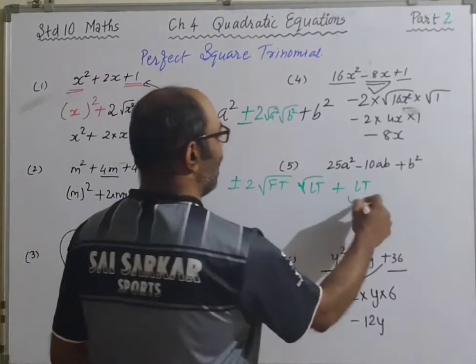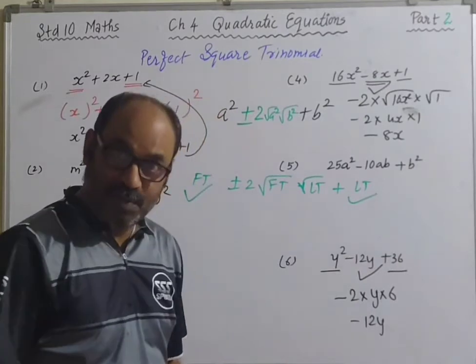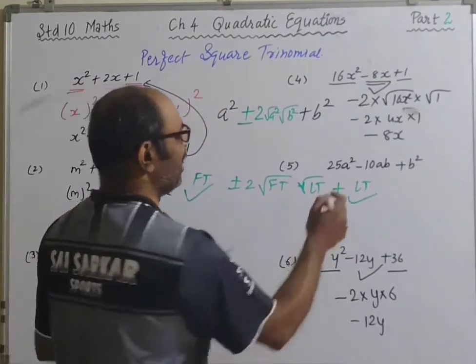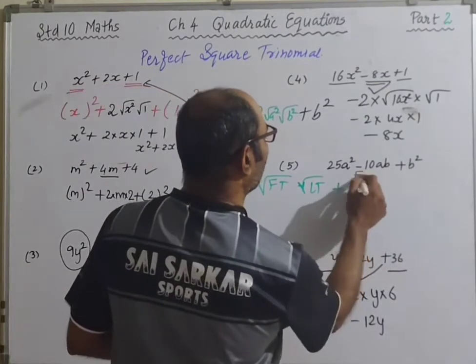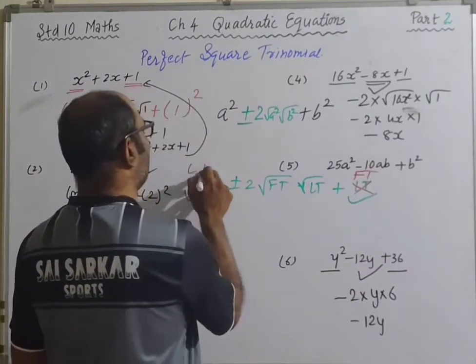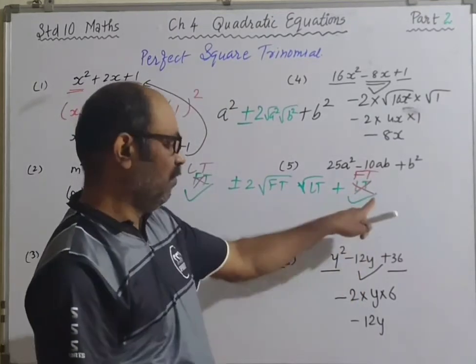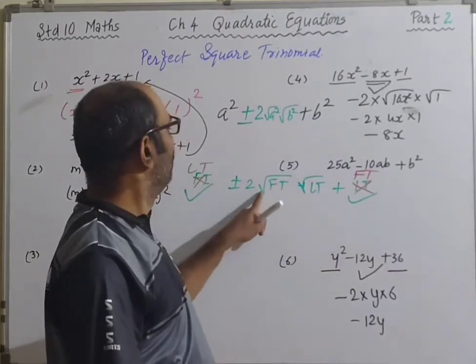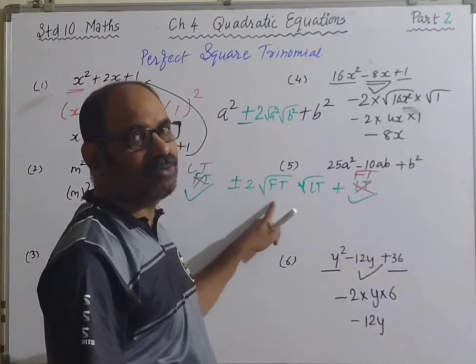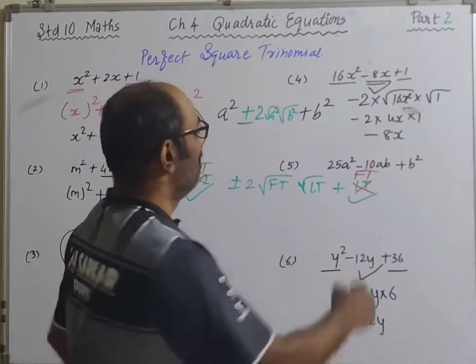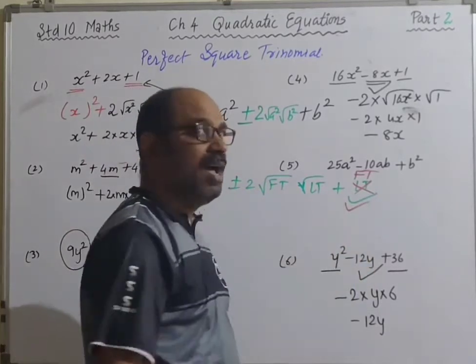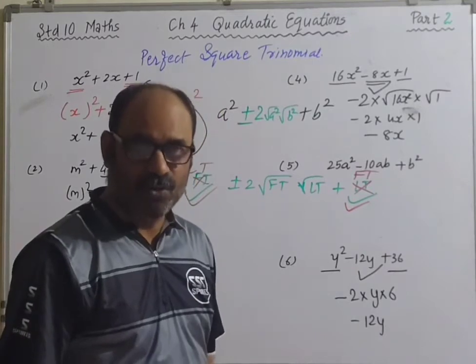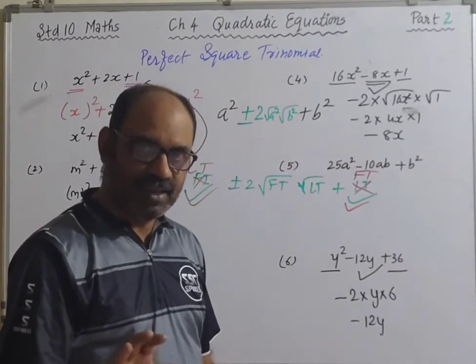But your first term and last term should be perfect square. Yes, इधर से गिनेंगे तो ये फर्स्ट टर्म हो जाएगा और ये लास्ट टर्म. That you can do. From right if you count, this is first term and this is last term, and middle term plus or minus 2 into square root of first term into square root of last term, but your first term and last term have to be perfect squares. Is that clear?